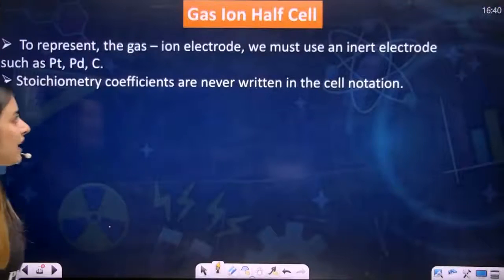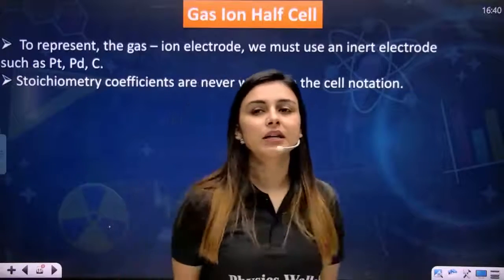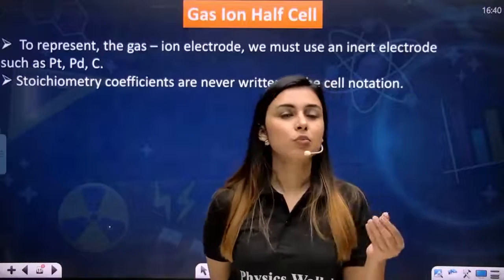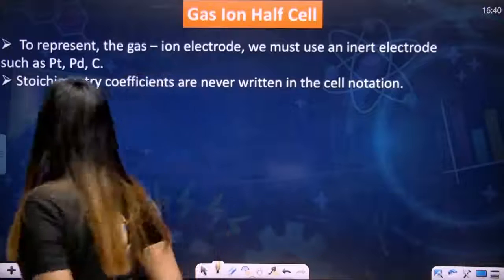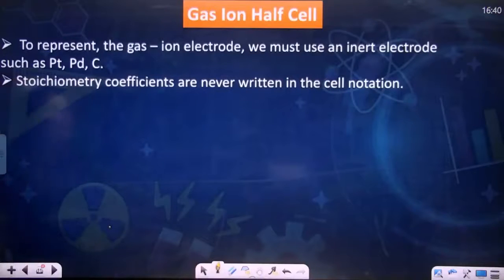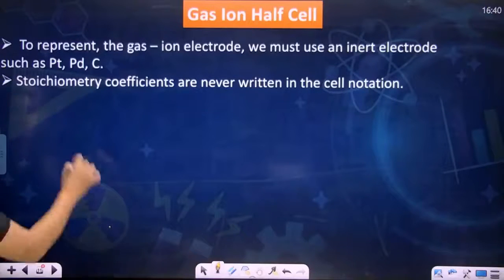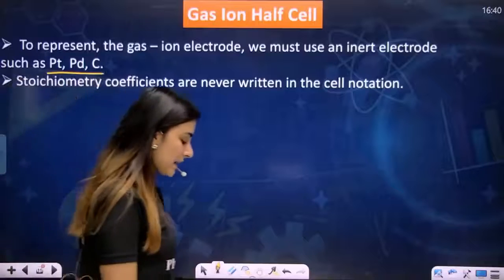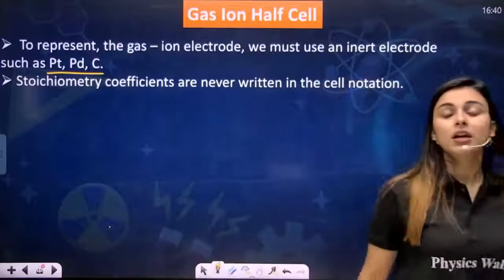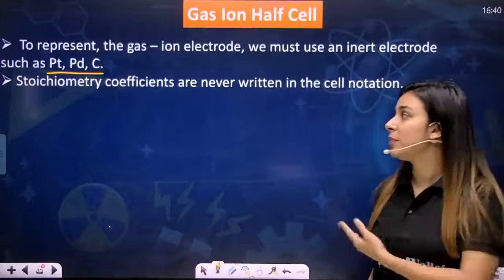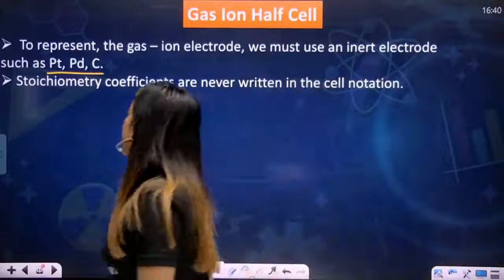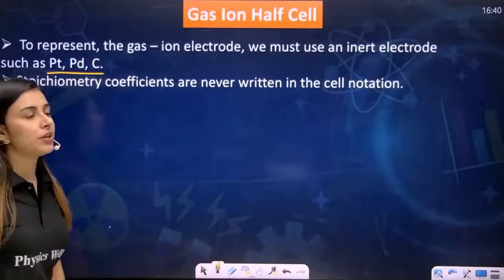Now, whatever we have studied till now is written in the bookish language, so you can just go through it. To represent the gas ion electrode, we must use an inert electrode, such as platinum, palladium, or carbon. Stoichiometric coefficients are never written in the cell representation.